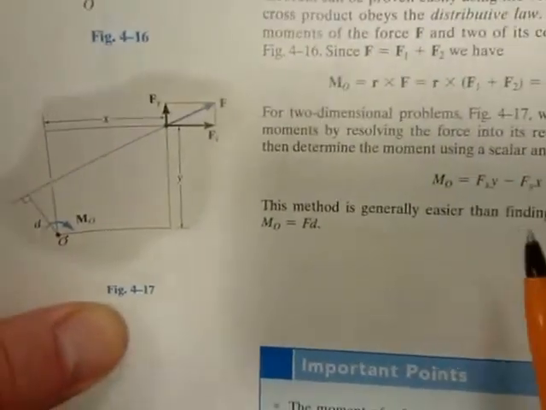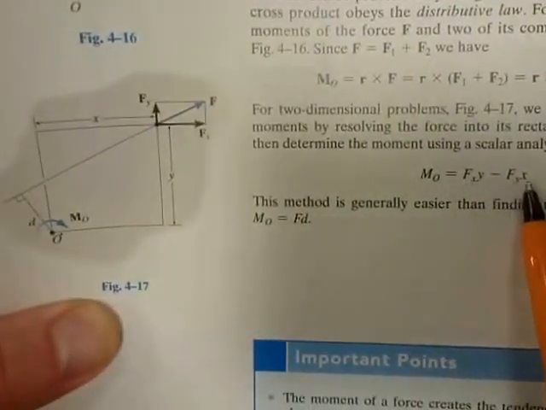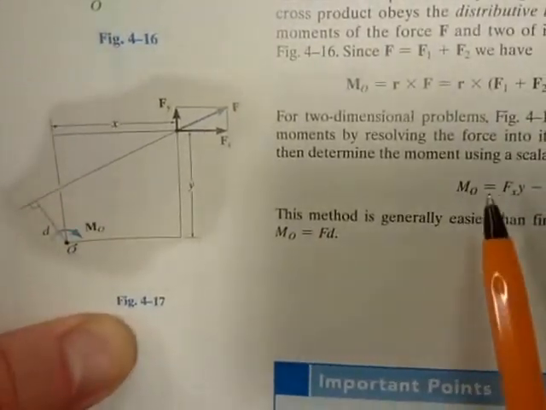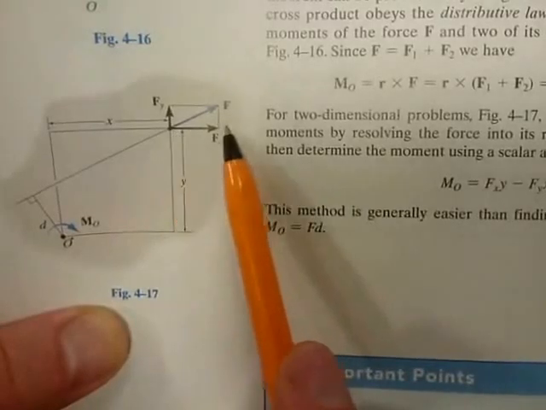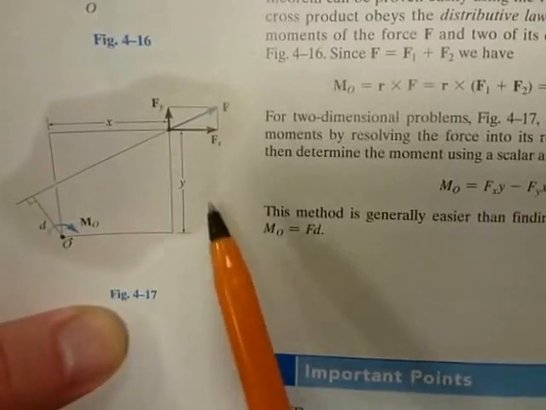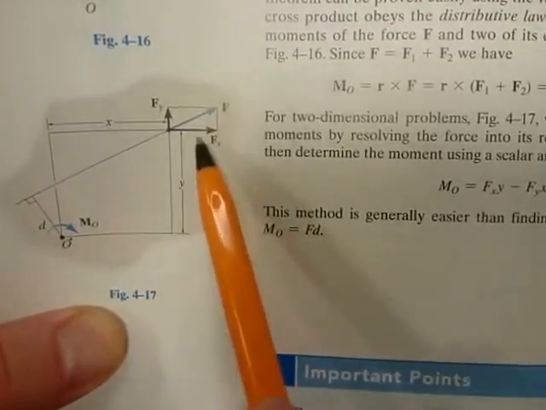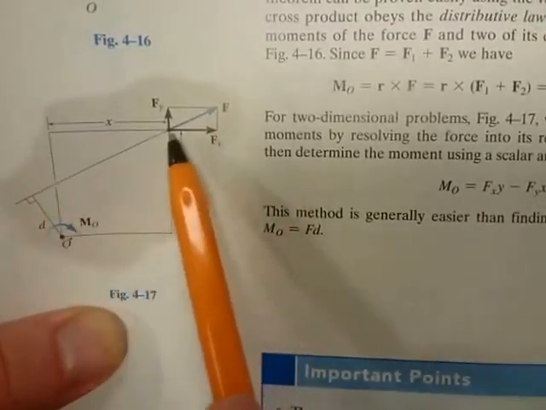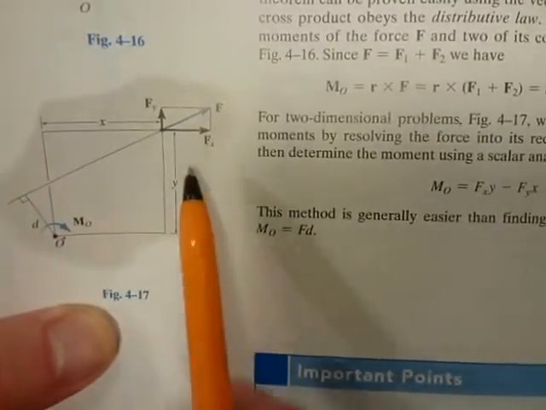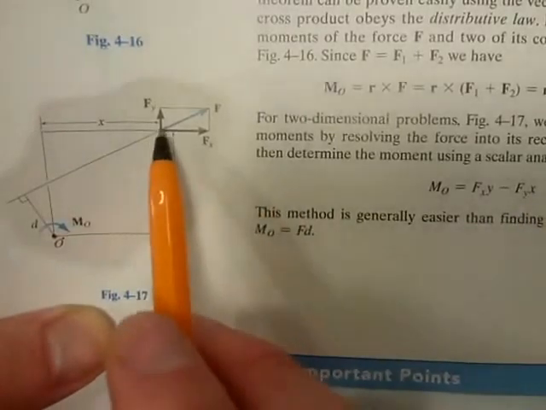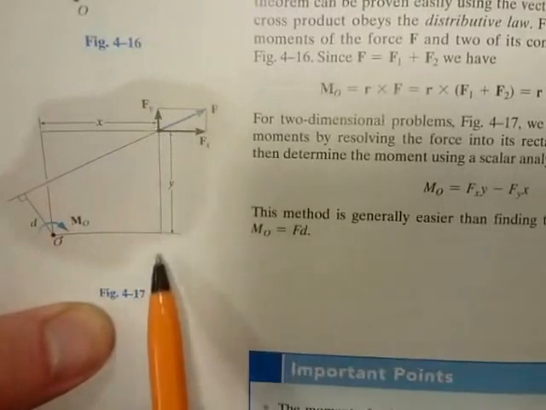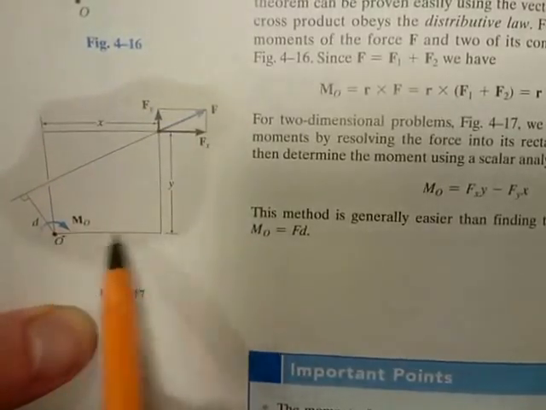The resultant moment is Fx, that's that force, multiplied by this y component, because that's its moment arm. Fx times its moment arm. Then it says minus Fy times x. There's Fy, there's the line of action, and there's x, the moment arm.